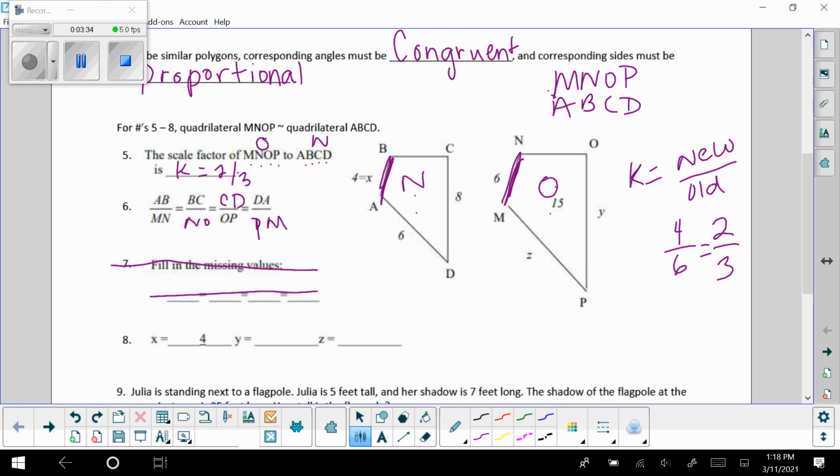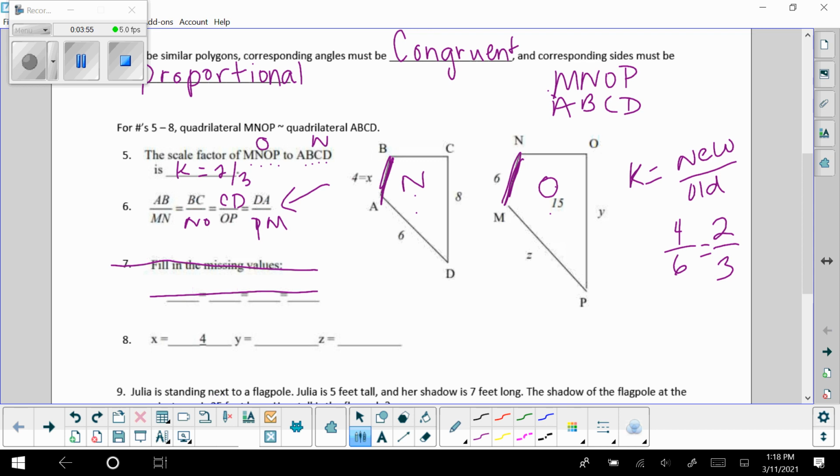Number 8, a lot of people asked about this question. So using basically the ratios from question 6, you can set up several different cross multiplication problems. I like the fact that on AB and MN, we have both of those letters. So I'm going to use that.